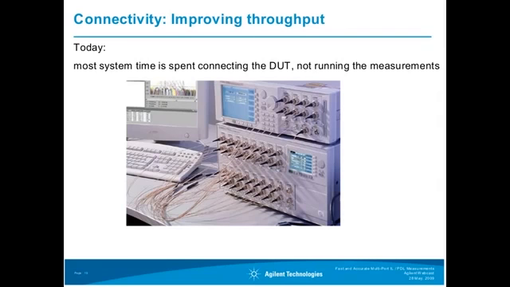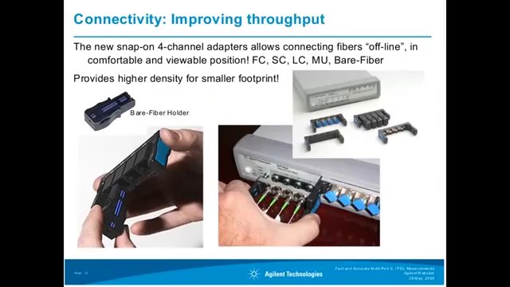So Agilent has introduced improvements in this area, and what is really providing a great advantage here is the new snap-on 4-channel adapter. This allows connecting 4 fibers at once, as you see it here, and that means typically you can connect your device under test to this connector adapter at a separate bench.